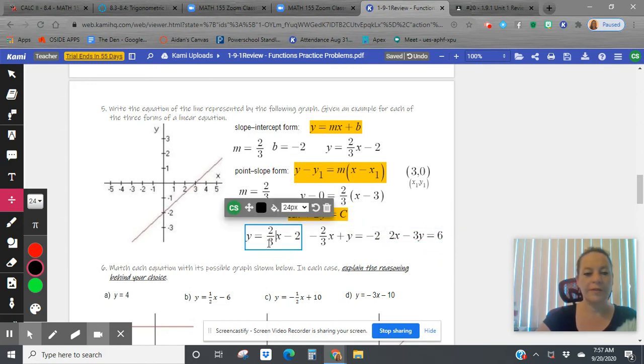So what happened here underneath? We subtracted 2/3 x from both sides.